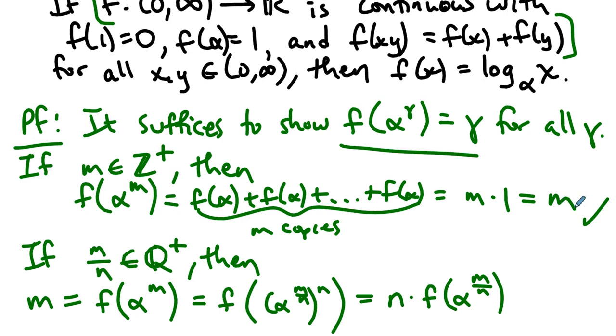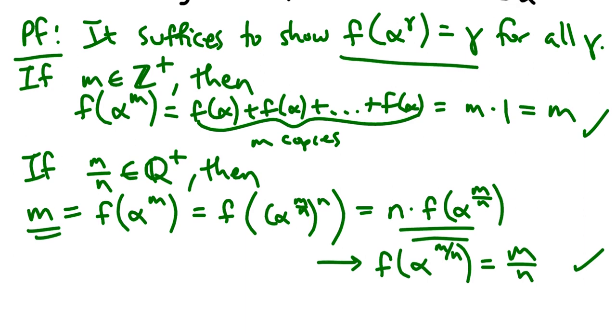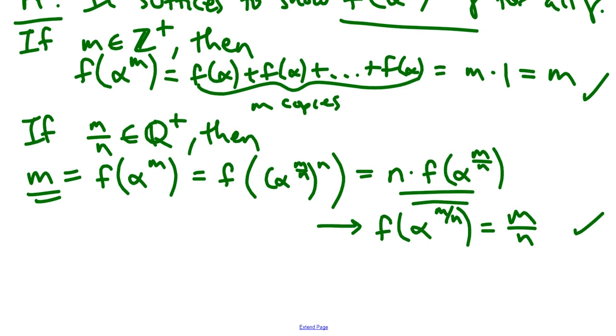We're okay. So m is equal to this, and so that implies that f of alpha to the m over n is m over n, as needed. And this result holds for negative integers also, and negative rational numbers also, for similar reasons.